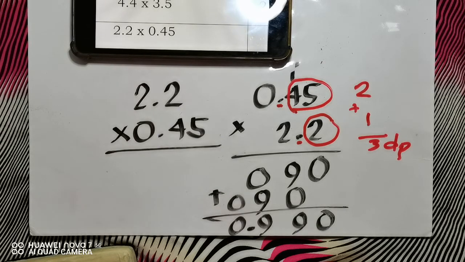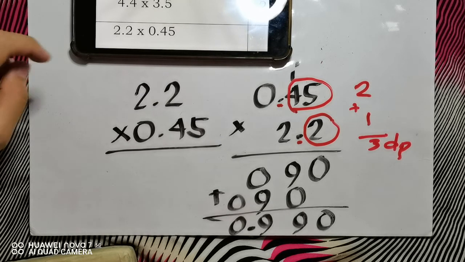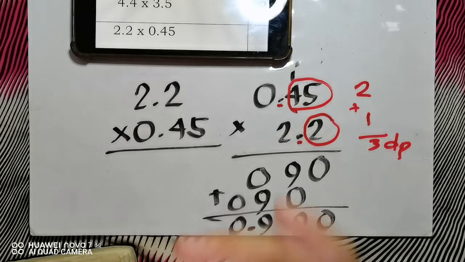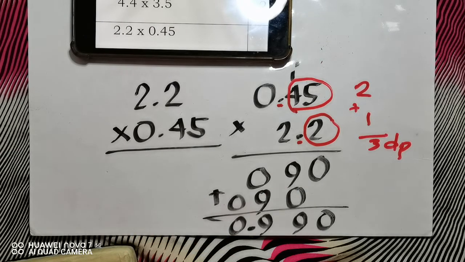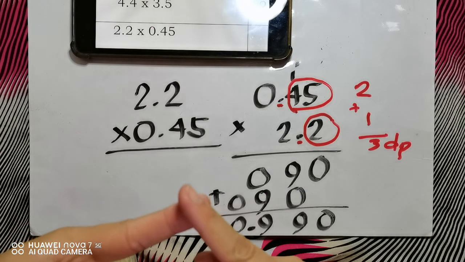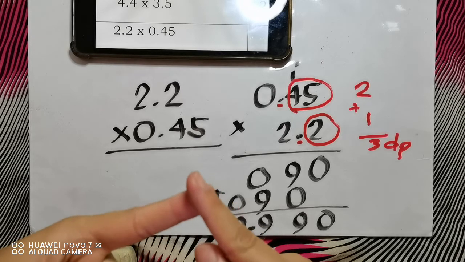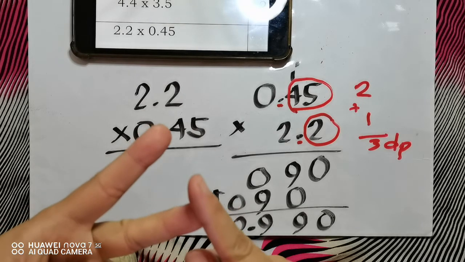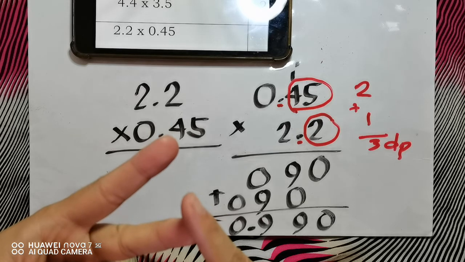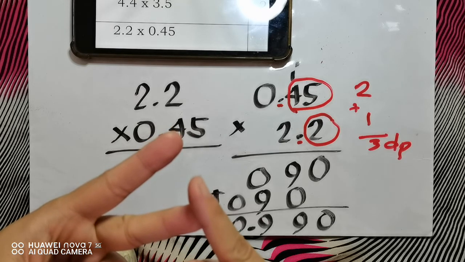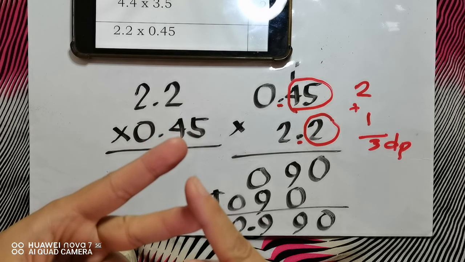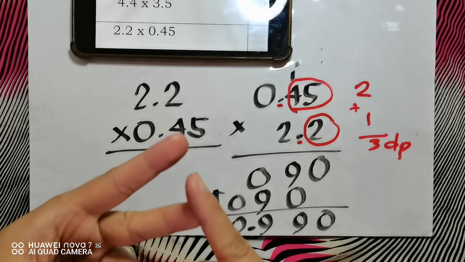Okay? So, that's how you multiply decimal numbers. Again, there are only 2 rules. One is you multiply as you multiply whole numbers. And then 2, yung second rule, the number of decimal places in the factors should be the same as the number of decimal places you have in your answer.